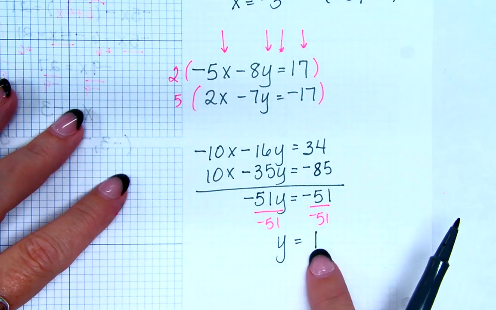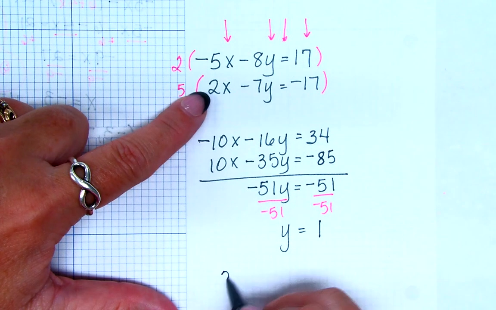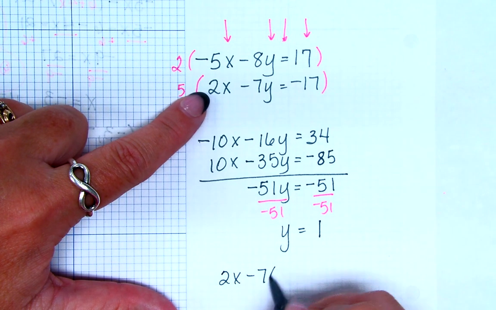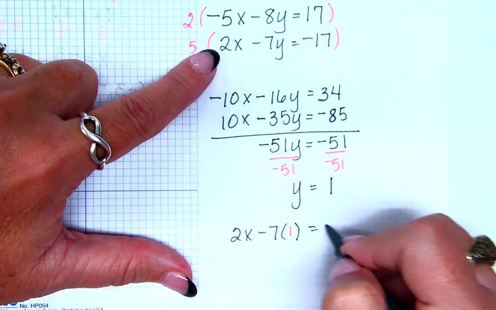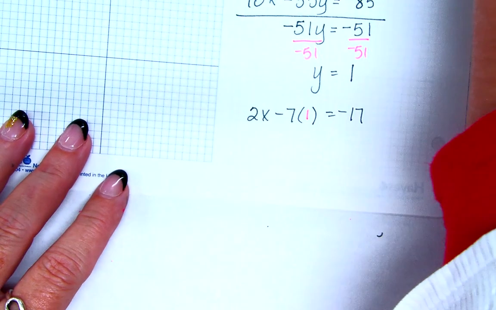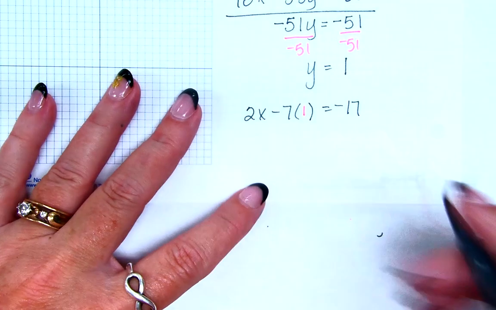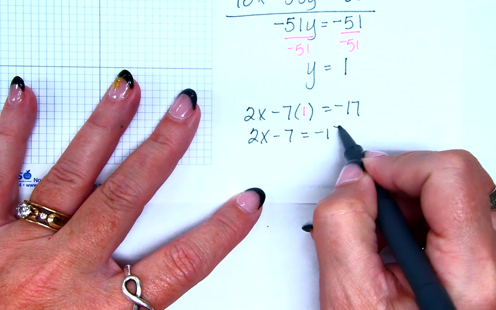All right. So if I take the 1 and I plug it into the second equation, I get 2x minus 7 times 1 equals negative 17, right? So 2x minus 7 equals negative 17.